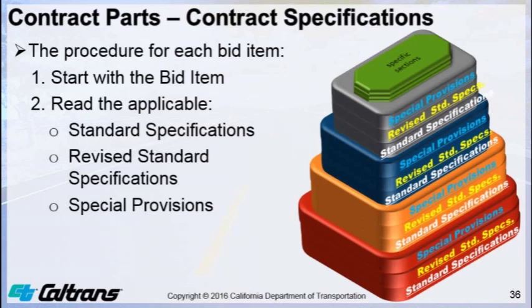The relationship between different levels of the pyramid, specific specifications govern over general specifications, is maintained in the contract specifications as we build up the combined pyramid from the bottom.